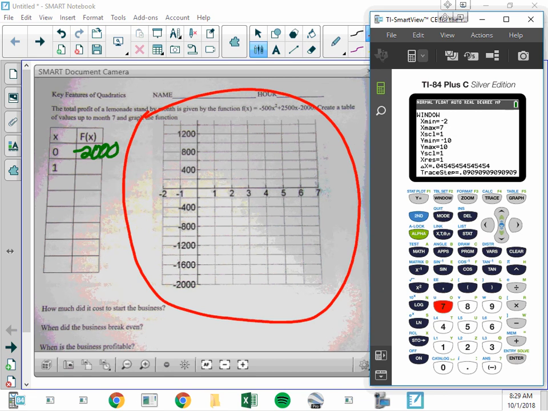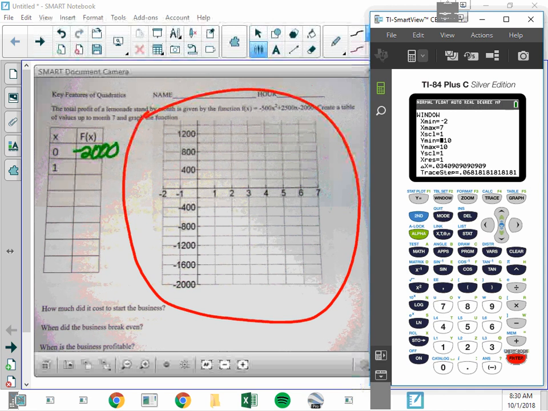What does x scale asking us? Does anybody know what that is? The scale is the size of each mark. So how far apart do we want the marks to be? Well, look at the x-axis, 1. So I'm just going to leave it at 1.